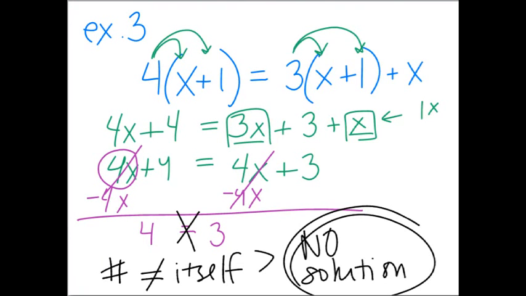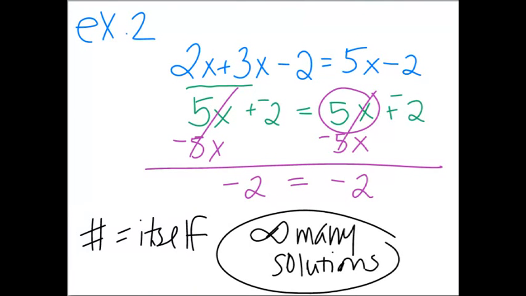There's no number I could replace the x with that's going to make 4 equal 3. Never. So because the left side does not equal the right side, it's impossible to balance out that equation. So there's no solution for this equation.